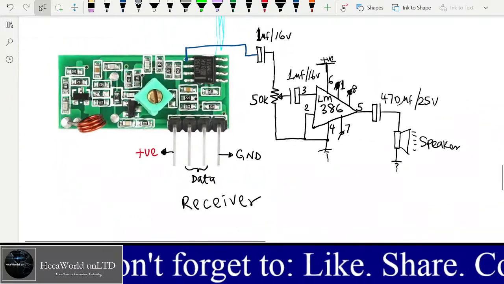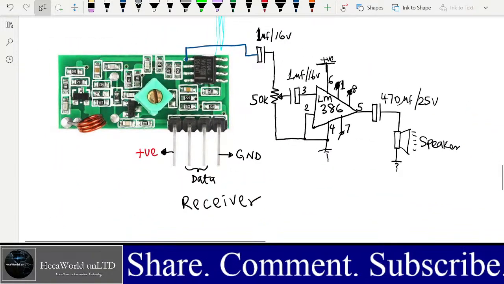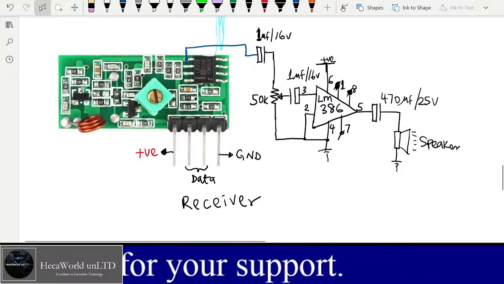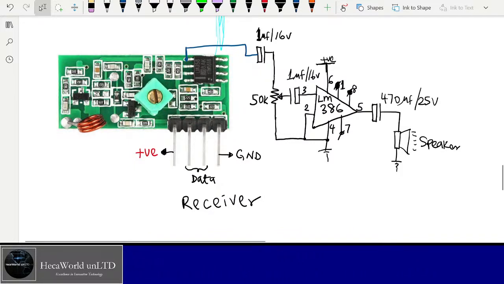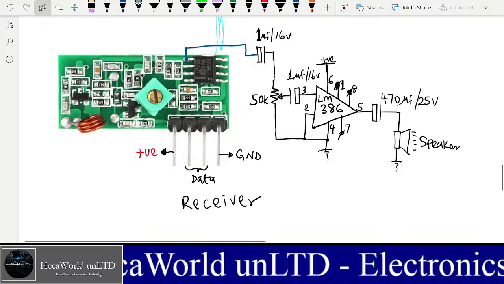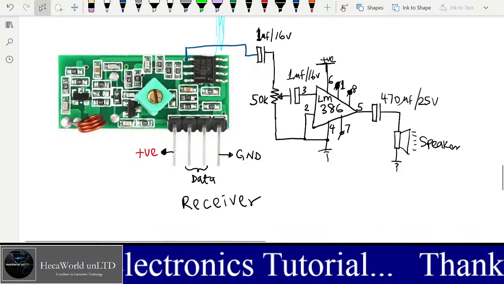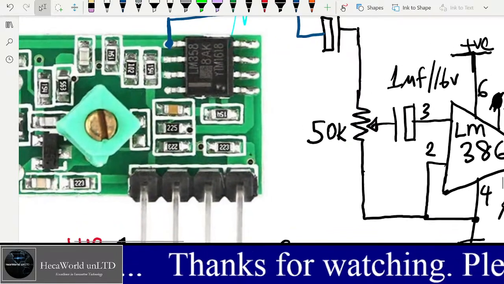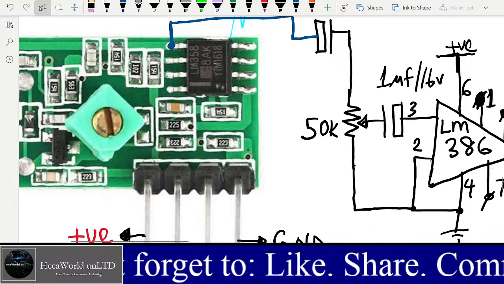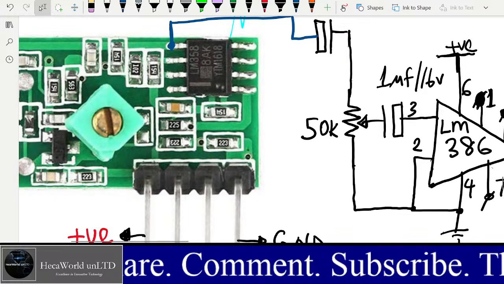What you have here is the original R433 receiver, the version that we used. So what we did was we tapped the signal from one of the op amps. You have this LM358 op amp that is a dual op amp. One of the op amps is used as an audio amplifier. The second one is used as a Schmitt trigger.